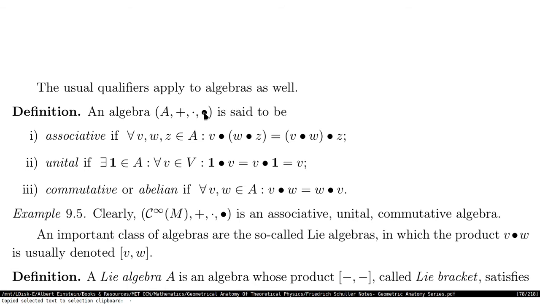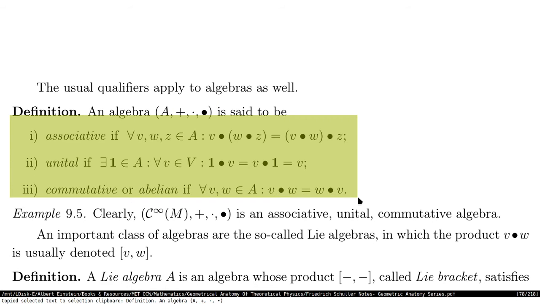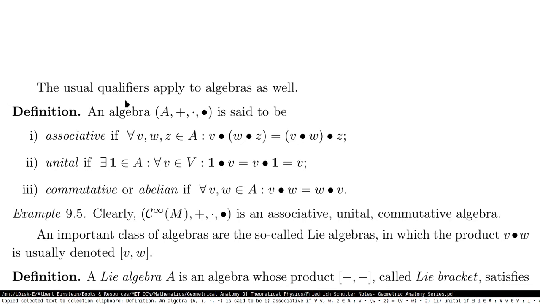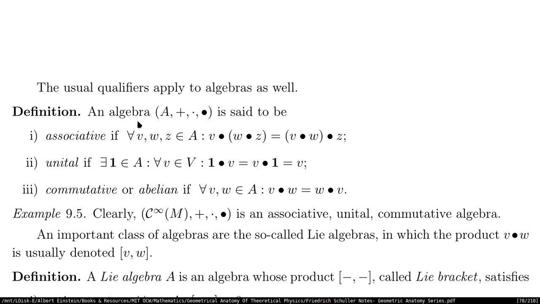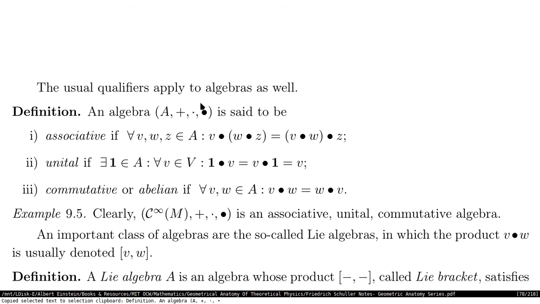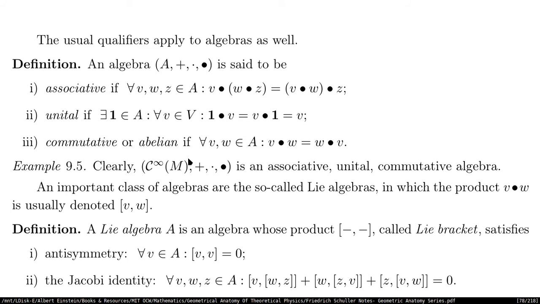This big dot is for multiplying with other elements in A. So this set A with all these things and satisfying some properties is called an algebra. It's difficult to give an example, but you can think of it like having the real numbers with addition, multiplication, and dot product in them, right? So yeah.